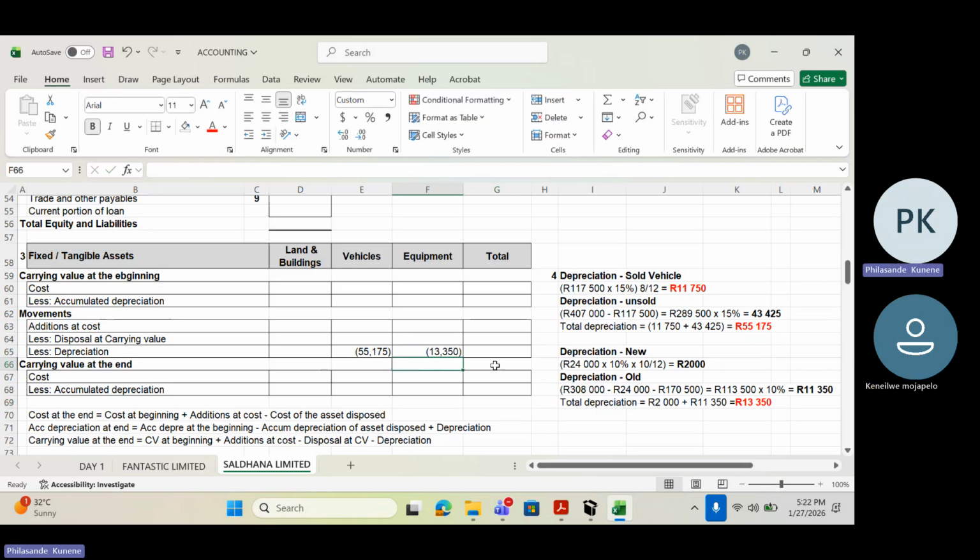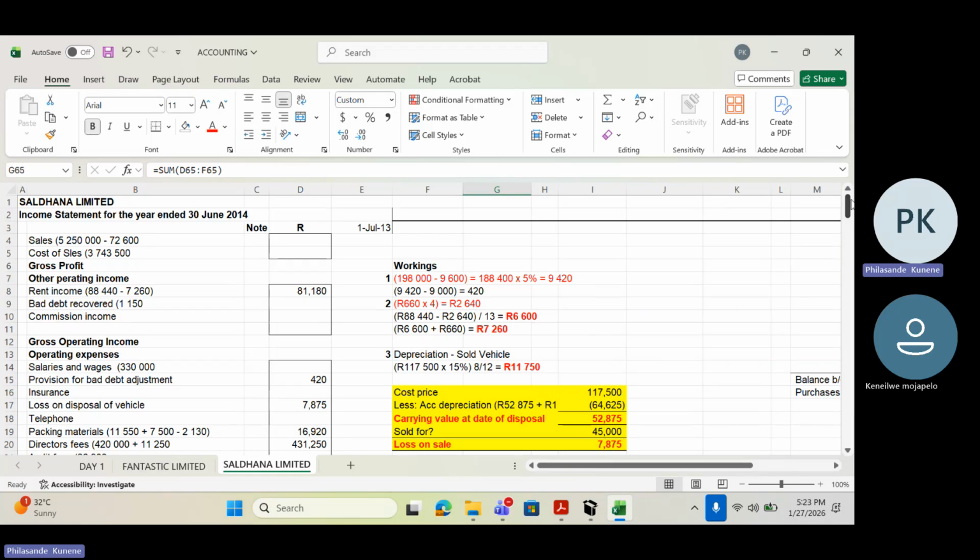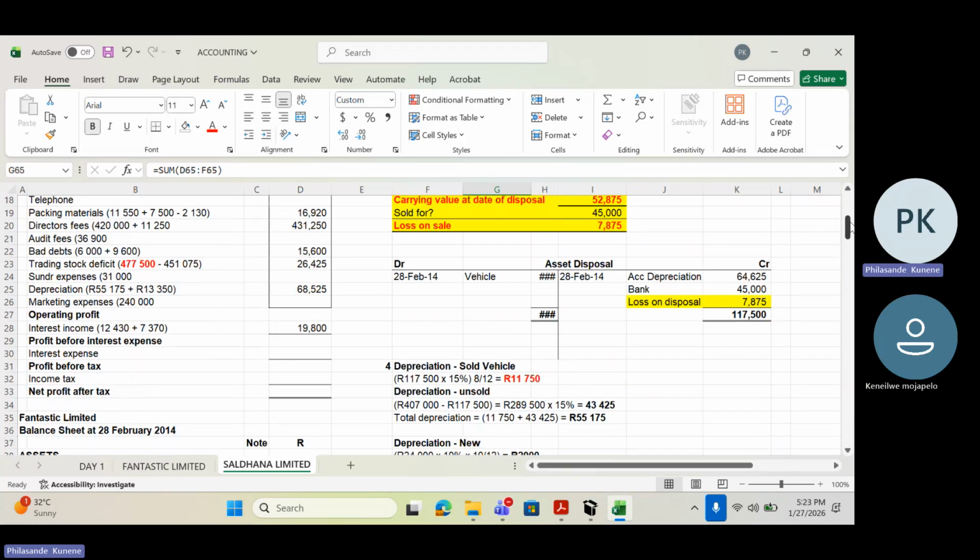13,350. That is the depreciation for the equipment. Obviously for land, it will be 0, because for land and buildings we're saying there's no depreciation. Then there will be a total for this, which gives us how much? 68,525. This 68,525 should always be the same as the depreciation sitting in the income statement, just like the amount we recorded here.